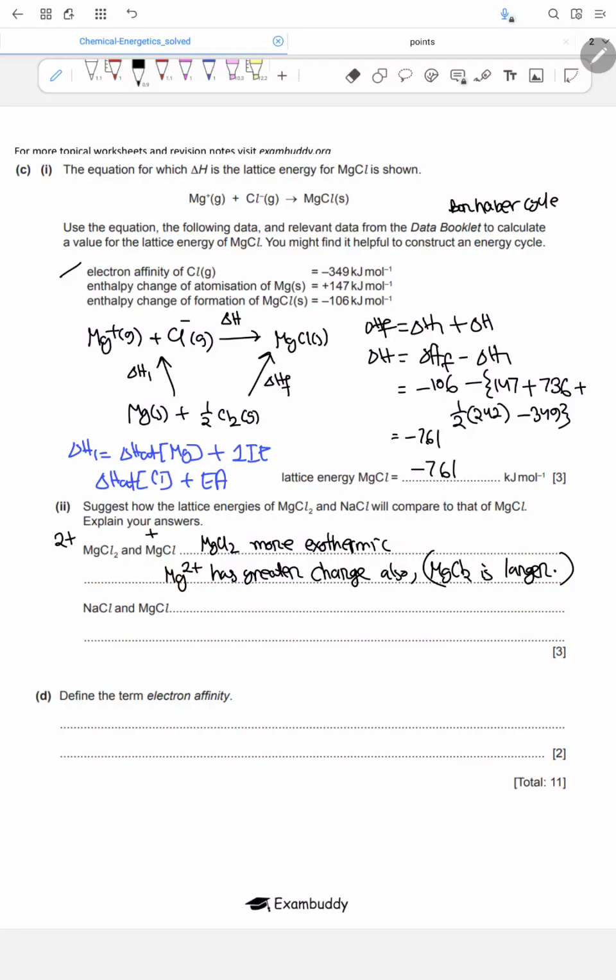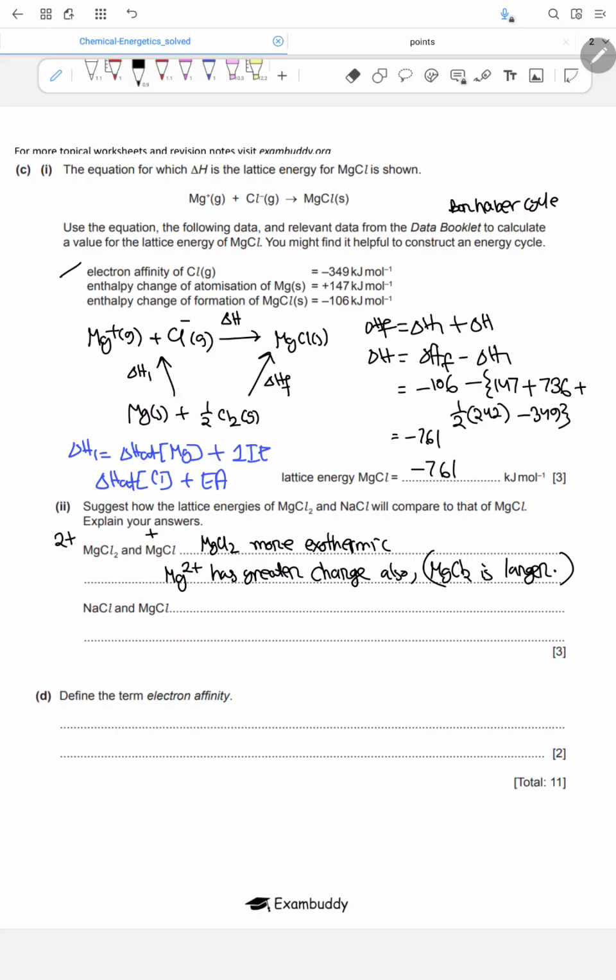Now NaCl and MgCl. You can see both have a charge of plus 1, but there's a catch: sodium is a smaller ion than magnesium. If you go to your periodic table, you'll find that sodium is in the first row and magnesium is in the second.